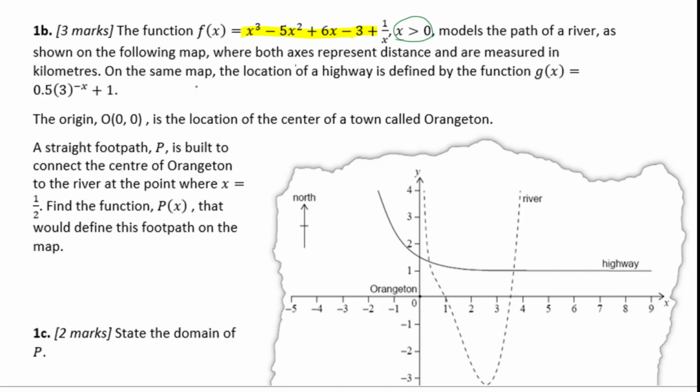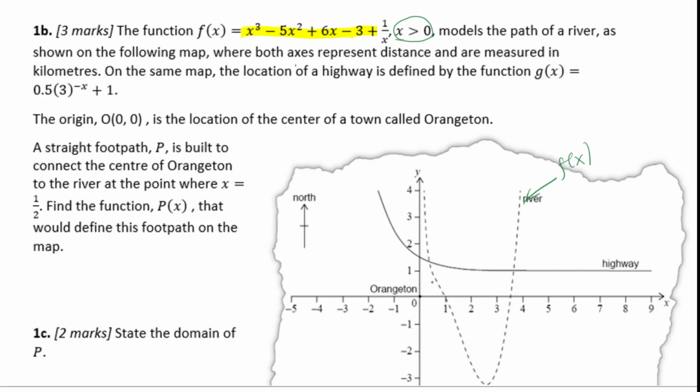On the same map, the location of a highway is defined by the function g of x equals 0.5 times 3 to the negative x power plus 1, which means this is f of x.